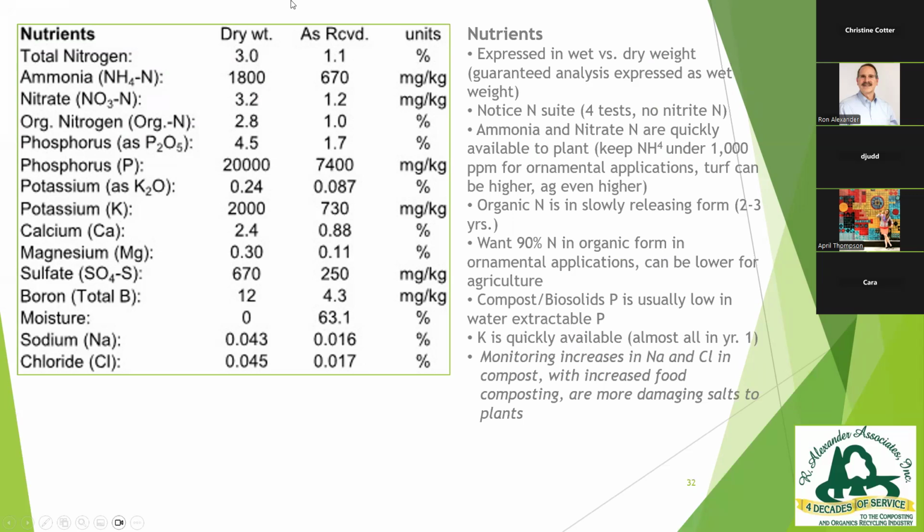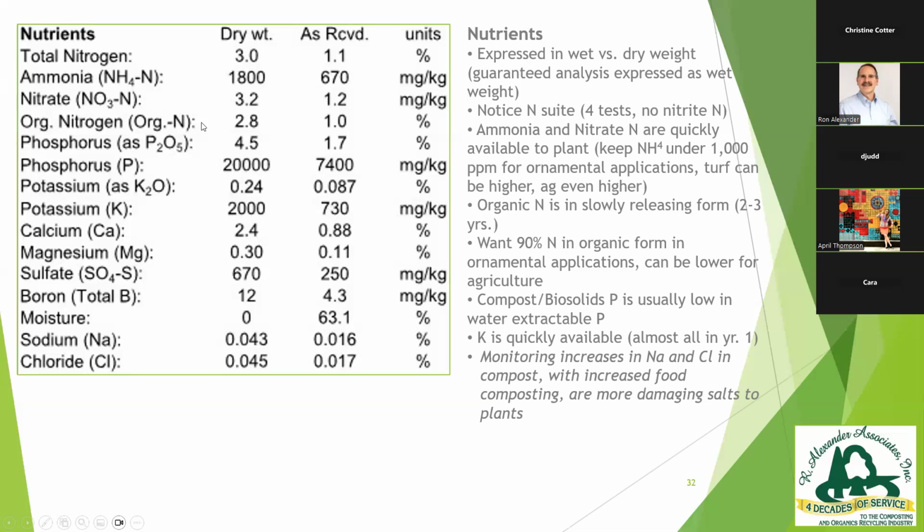Okay, so here's a top quadrant looking at things primarily nutrients, and the biggest thing I want you to jump out at is that unlike a chemical fertilizer, when we look at soil amendments, there are different nutrients, but there's different forms of those nutrients. So, for instance, here's your nitrogen content, but this test data also shows nitrogen in different forms.